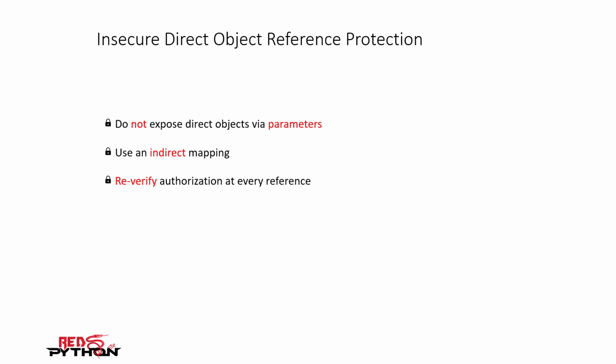On each reference to a new profile or to a new URL, you need to re-verify the authorization, and actually re-authorize the user, to make sure that he has access to this data that he's fetching. As well, it's not recommended to expose objects via parameters, so don't use the GET method. It is really bad.